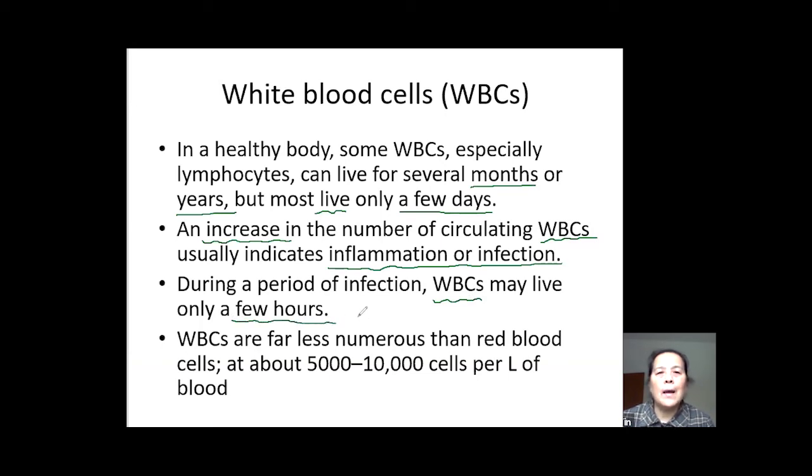They come, perform their function, then they die. So that's white blood cells, and normally they are fewer in number in the blood circulation compared with red blood cells and platelets.